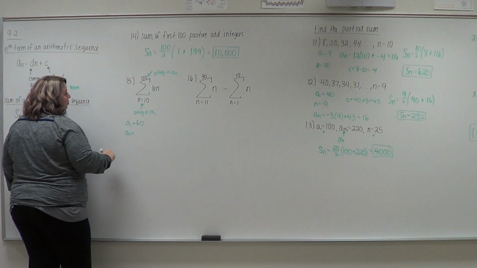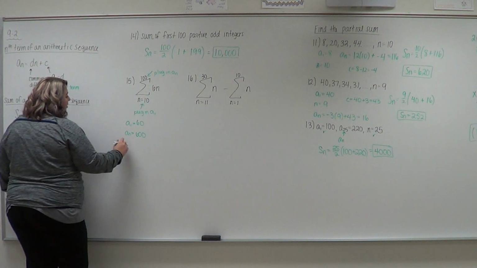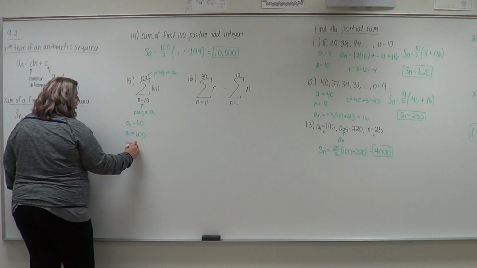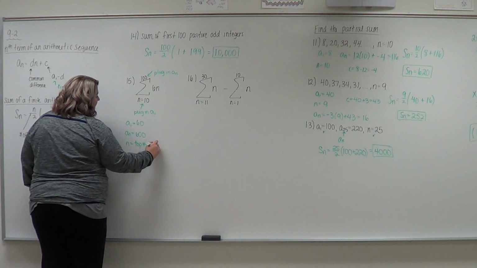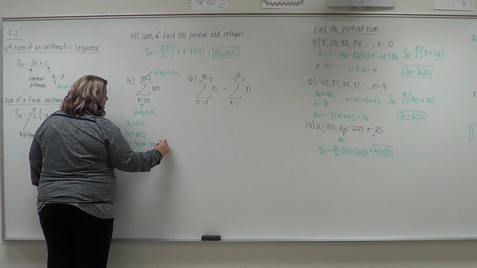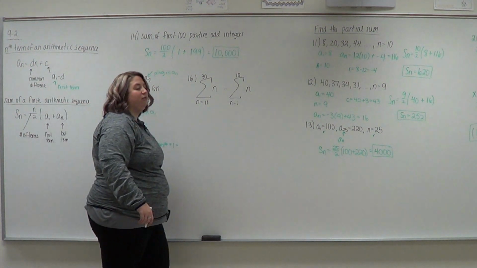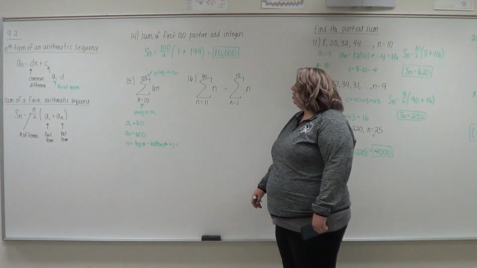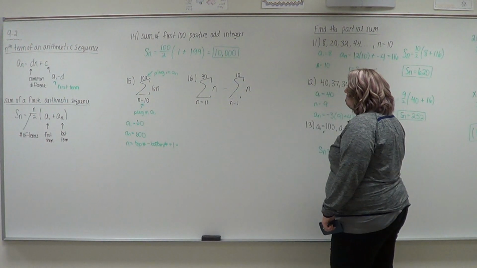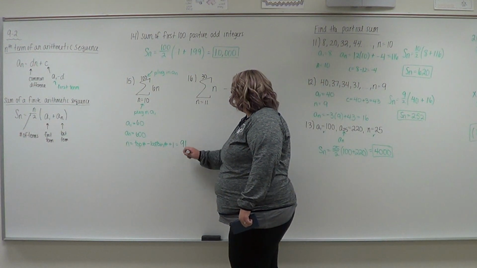So 6 times 100, 600. To find n, you take the top number minus the bottom number plus 1. It's always going to be plus 1 because you have to account for that number, because you're not always going to be starting at 1. So 100 minus 10 is 90, plus 1 is 91.